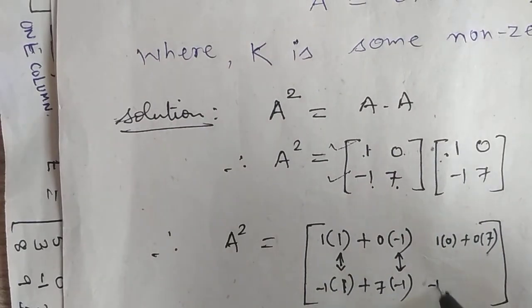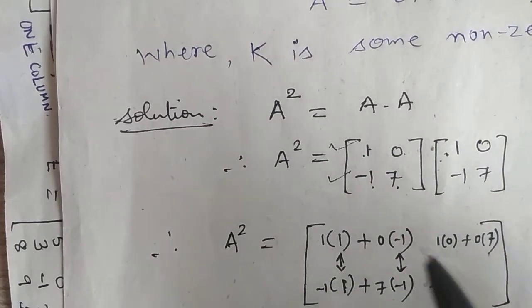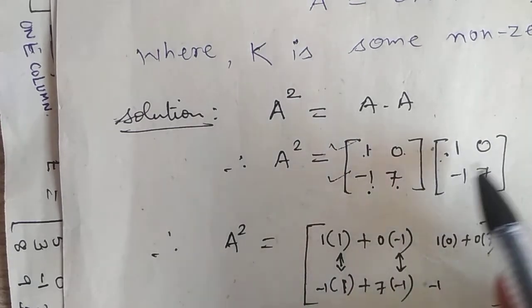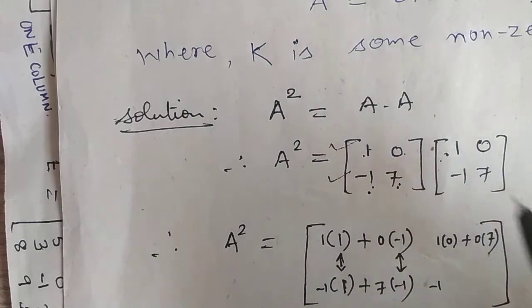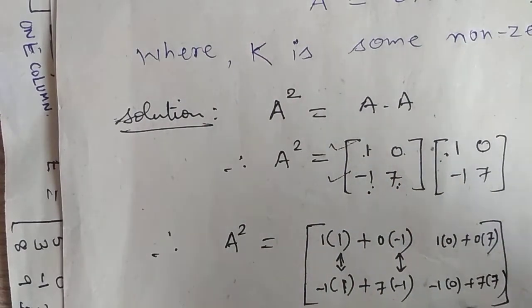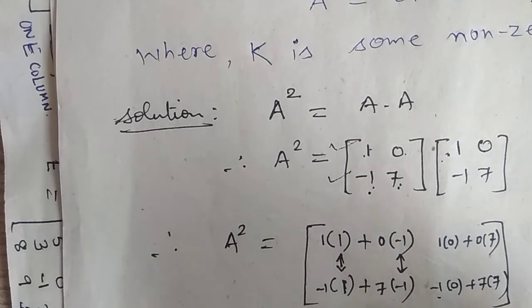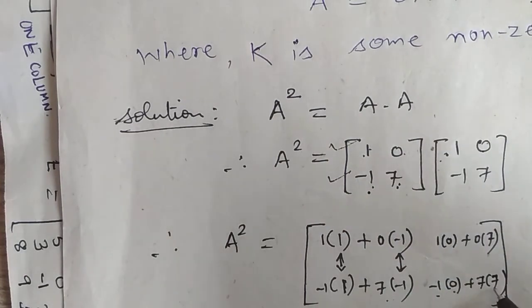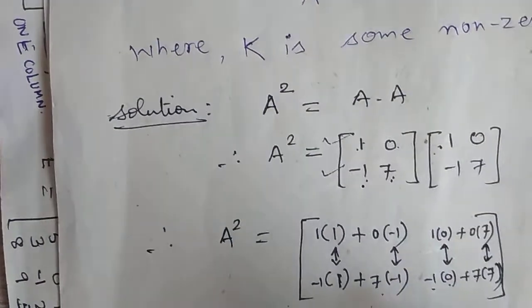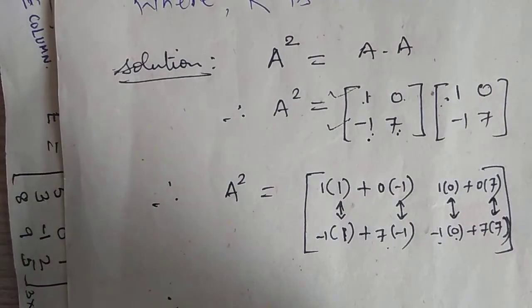Here also -1 and 0, so -1 into 0 plus 7 into 7. -1, 7 are coming from the row and 1, 0 and 7 are coming from the column arrangements. In this way we have found out A squared.